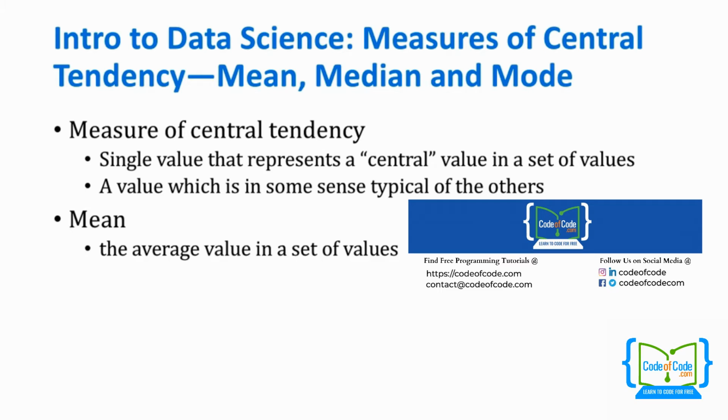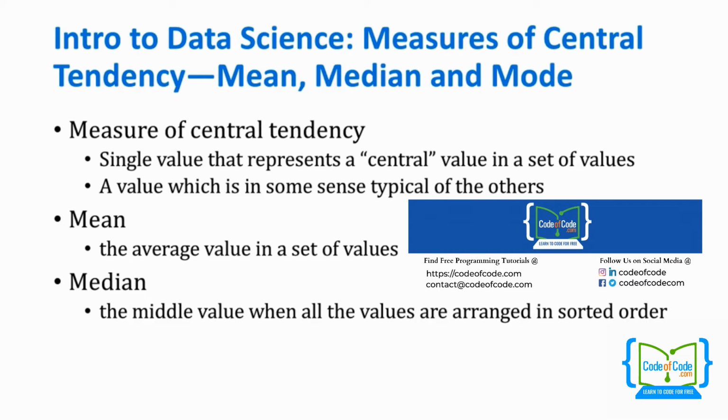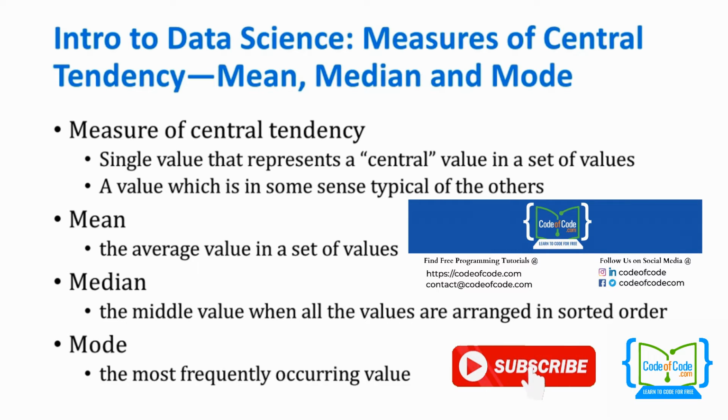Now, the three measures of central tendency that we're going to take a look at in this video are the mean, which is simply the average of a set of values, the median, which is the middle value in a set of values when you've already arranged those values into ascending order, and then finally we're going to talk about the mode, and the mode is simply the most frequently occurring value.